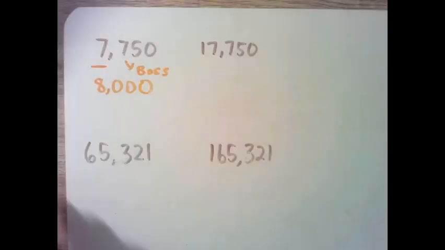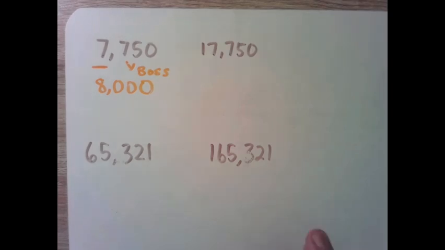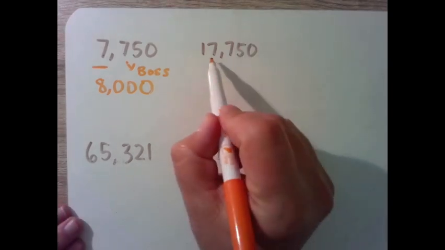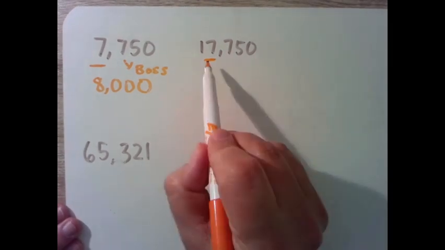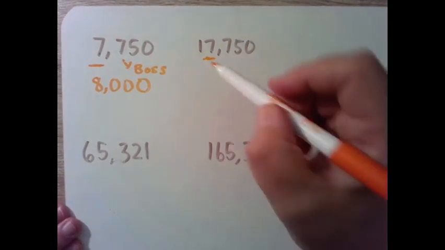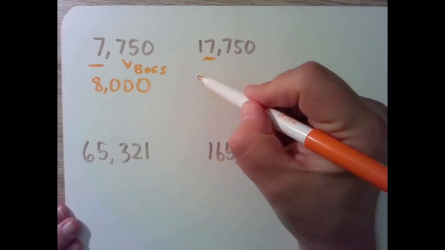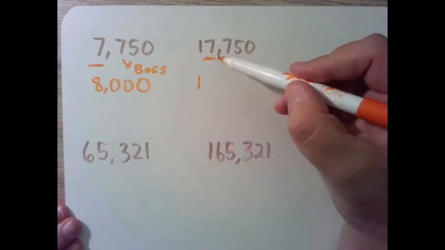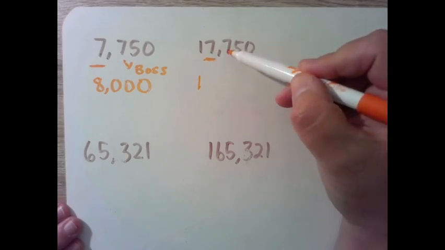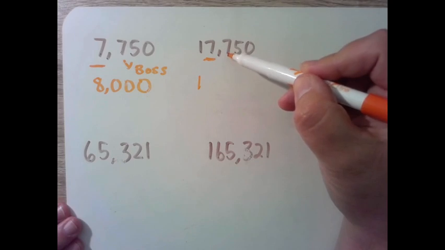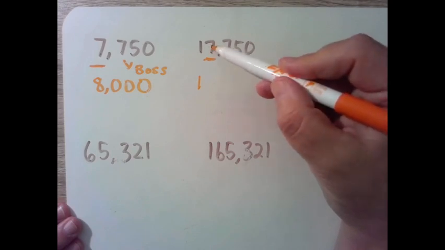Okay, number 12. Again, we're rounding to the nearest 1,000, so we put our stop sign under the digit in the thousands place. We rewrite the 1, and then we stop. Once again, we need to decide what to do with this digit. Since the boss, the next digit 7, is 5 and above, we give it a shove up and make it an 8.